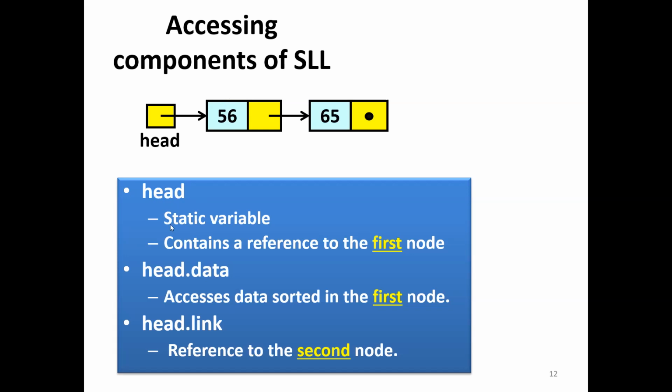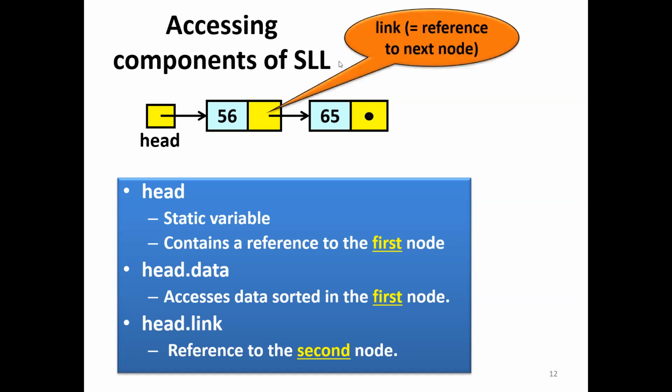So first, the head is a static variable, and that head contains the reference to the first node. This is the first node. If you want to get the data for this, then we can use head.data. And if you want to get the link, we can use head.link.